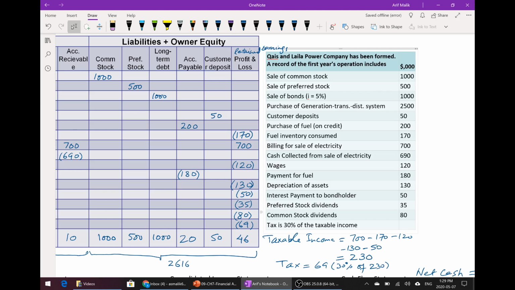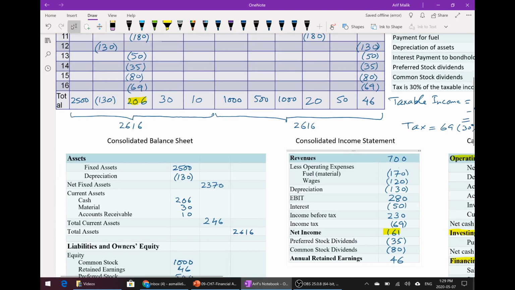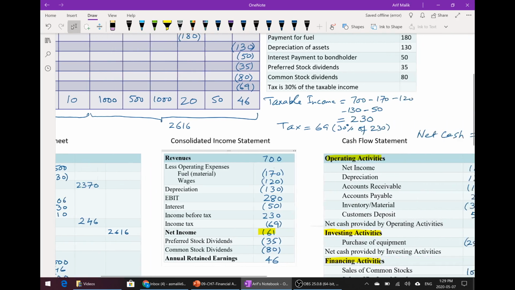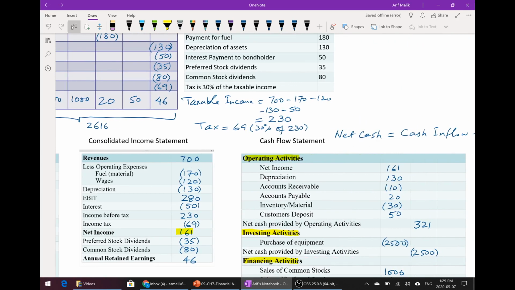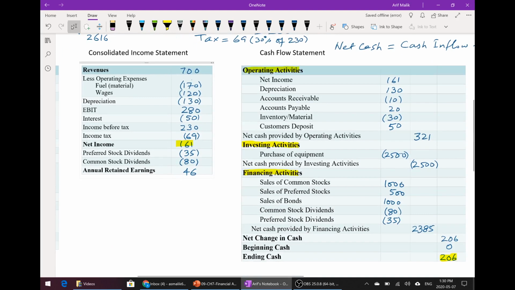We started with the worksheet, and from this worksheet we made the consolidated balance sheet, the consolidated income statement, and the cash flow statement using the indirect method, showing it under three activities: operating activities, investing activities, and financing activities.